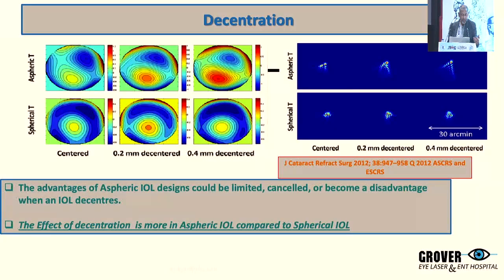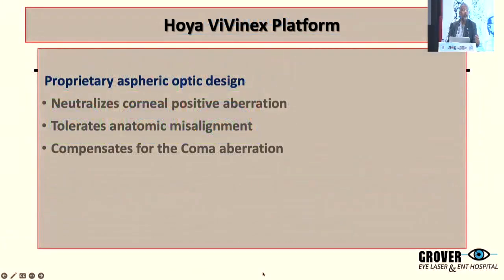This is more so with aspheric IOLs. Once aspheric IOLs decenter, the effect on quality of vision is much more. As you can see, in the aspheric IOL compared to the spherical IOL, there is greater deterioration of quality of vision with decentration of the IOL. The same is true of tilt of the IOL also.